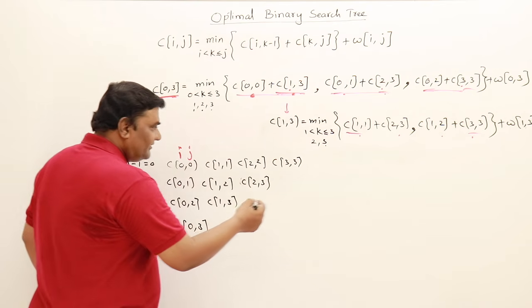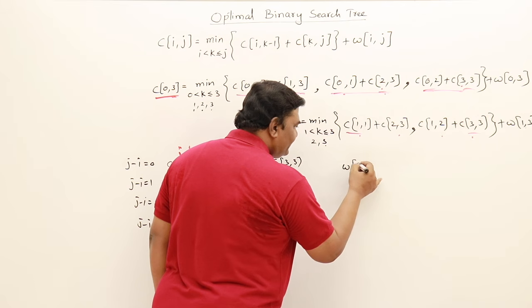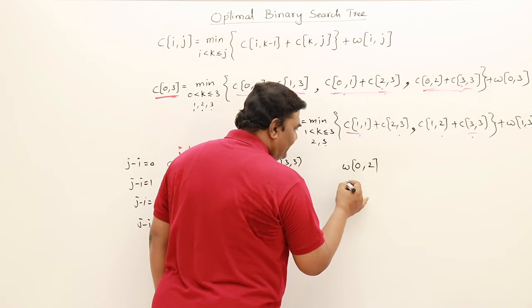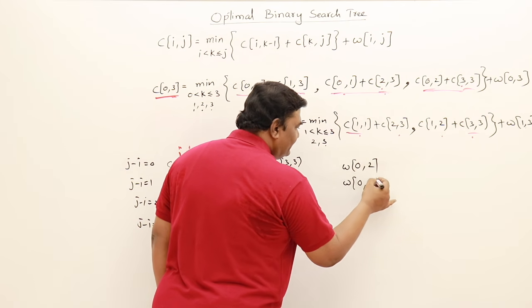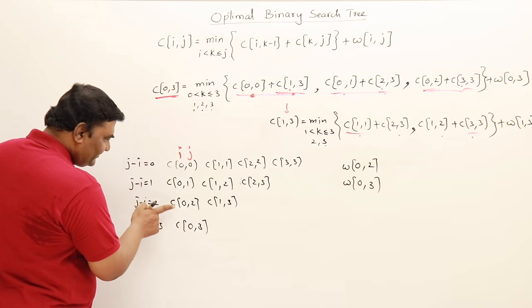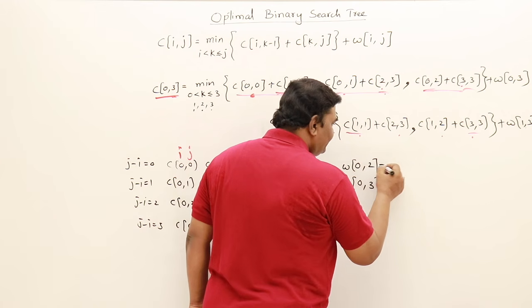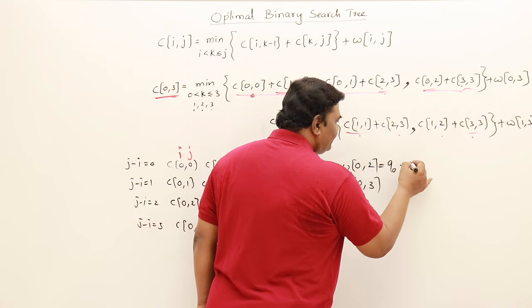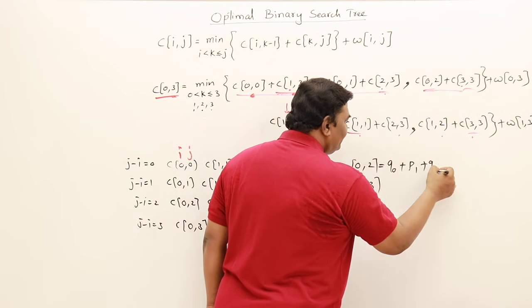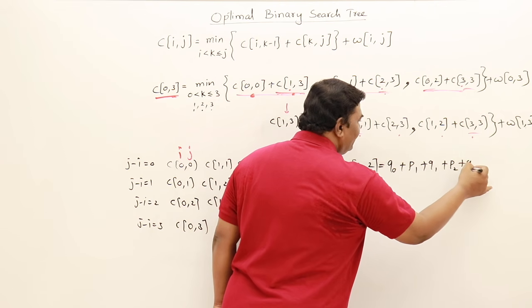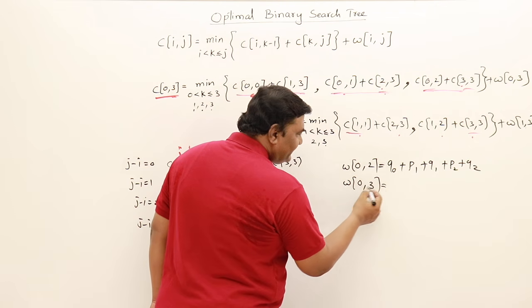See, if you take weight of 0, 2 and weight of 0, 3, then what is the difference? See, these are the weights. So what is this? Q0 plus P1 plus Q1 plus P2 plus Q2. What about this?